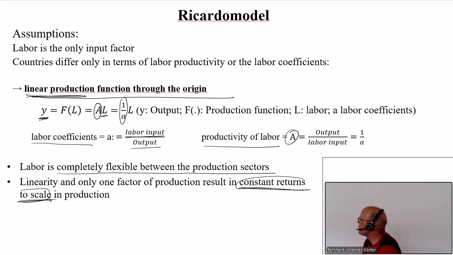Yes, doubling input means double output, or 4 times input means 4 times output, and so on. And obviously, if we increase the labor input 4 times, since capital A is a constant, we have 4 times A times labor, and so we also obtain 4 times the output.